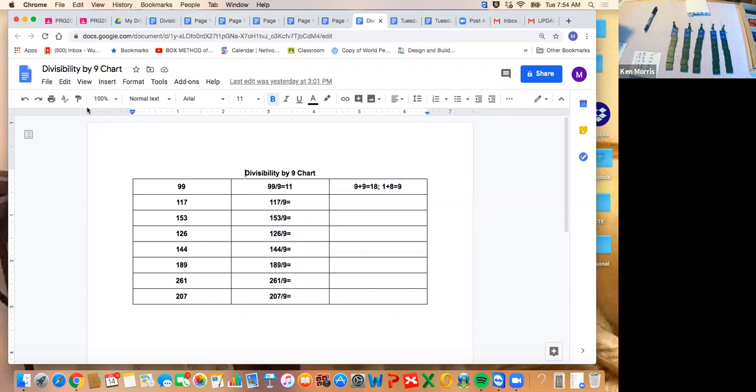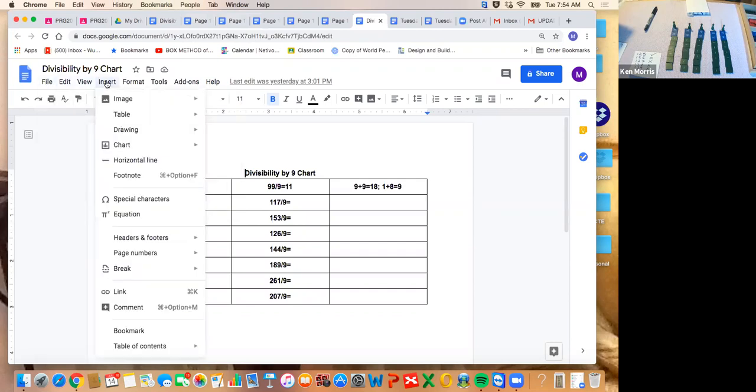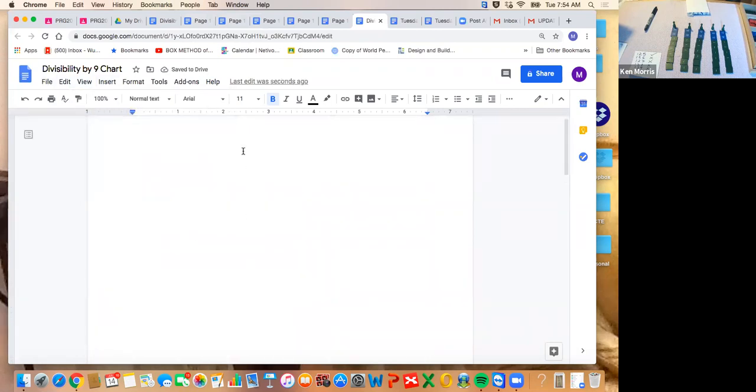I'm going to put a page break here. It's amazing. It doesn't matter how prepared I think I am, I always miss something, but that's fine. It's easy enough to fix. Divisibility by 9. Okay. So I would be doing this on the rug with the children or on a board. I could be doing it on a whiteboard with a small group. I think that might actually work better.